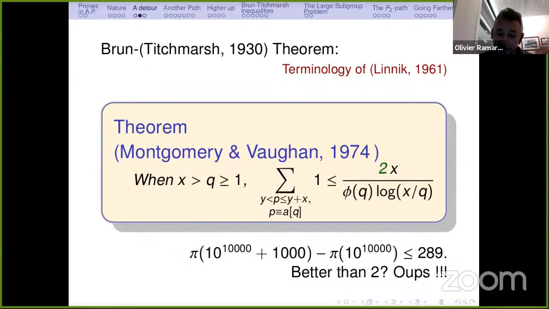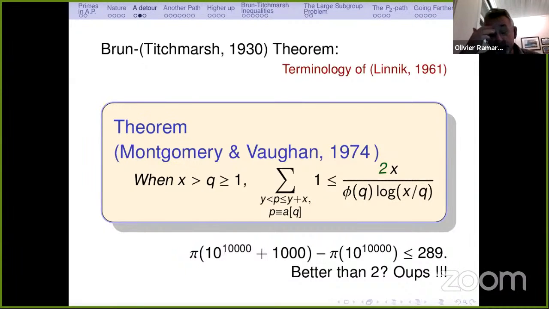So this upper bound is about, assume that x is much larger than q, so log x by q is log x. It's twice x upon log x, which is the number of primes between 1 and x, divided by phi of q. So essentially, this upper bound is twice too big. You lose this factor 2. Now let me tell you some things around this theorem.